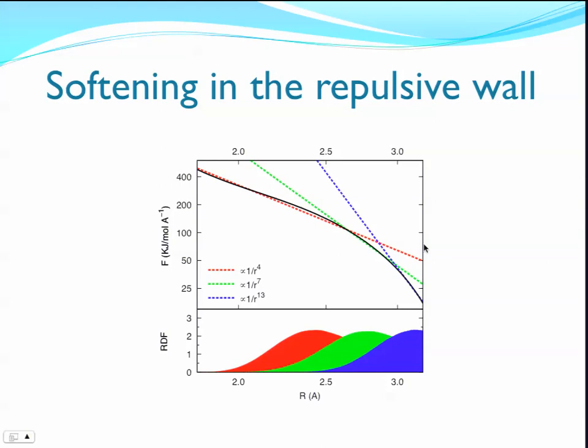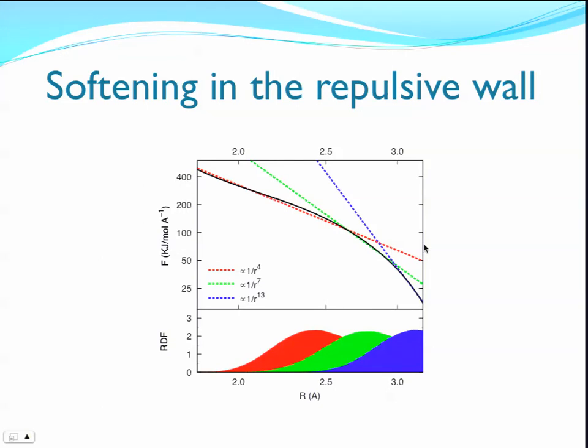We tried to look at this potential. However, for a long time we didn't see anything unusual about it. It was just a function steeply going up. However, after we decided to plot forces exerted on atoms due to this potential and plot them on a logarithmic scale, we saw that actually this repulsive wall has a softer region.